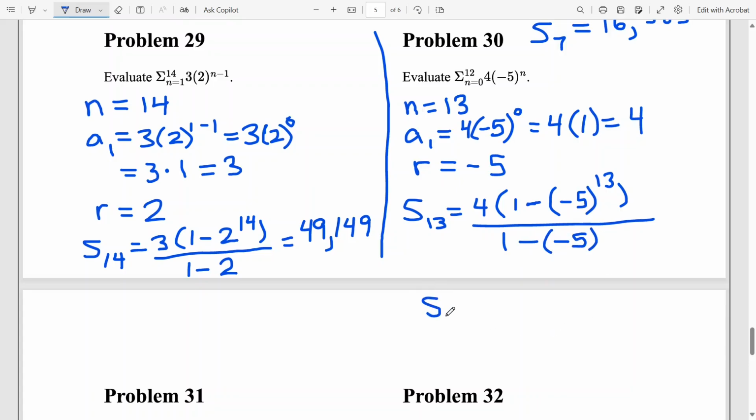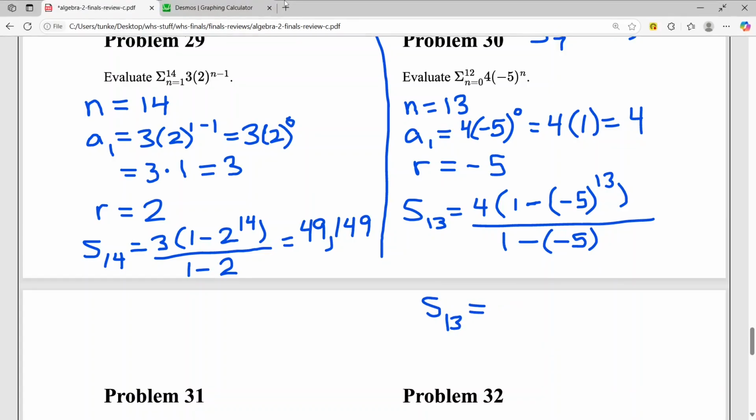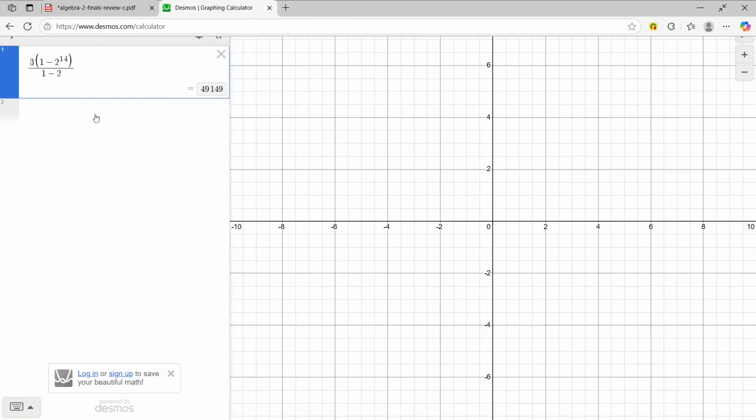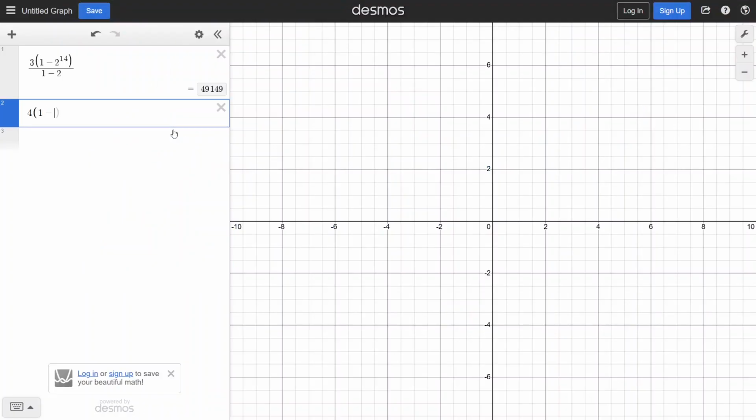Well, we'll put this into decimal. Let's see, what was my first term here? 4. Okay. So 4 times 1 minus negative 5 to the 13th power divided by 1 minus negative 5.